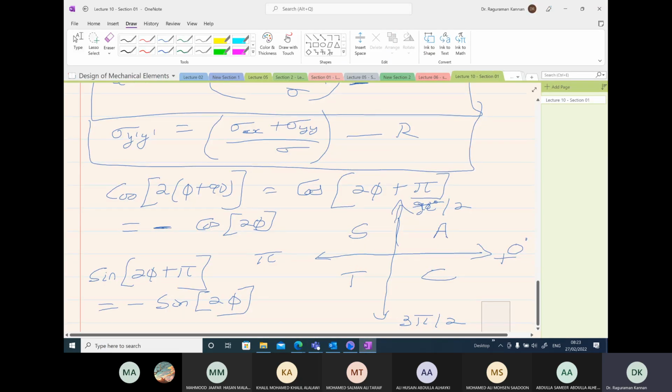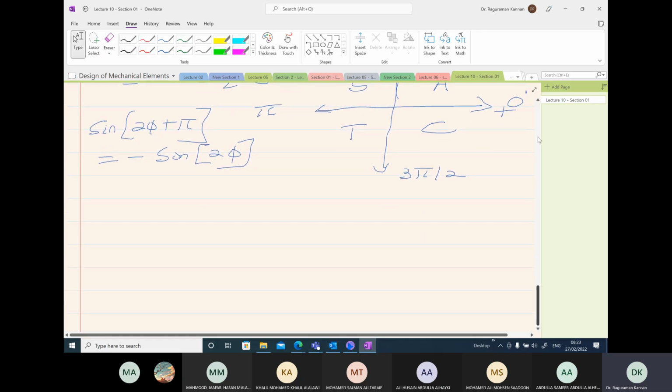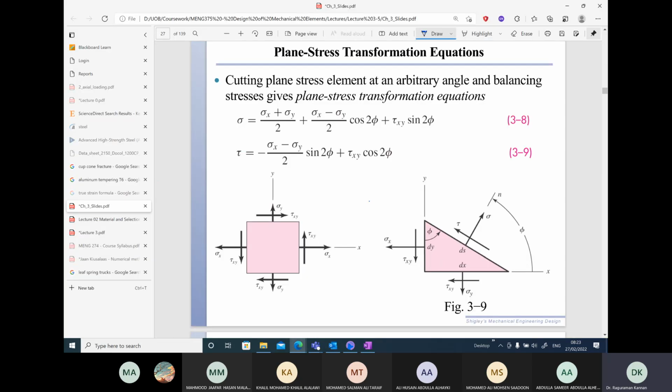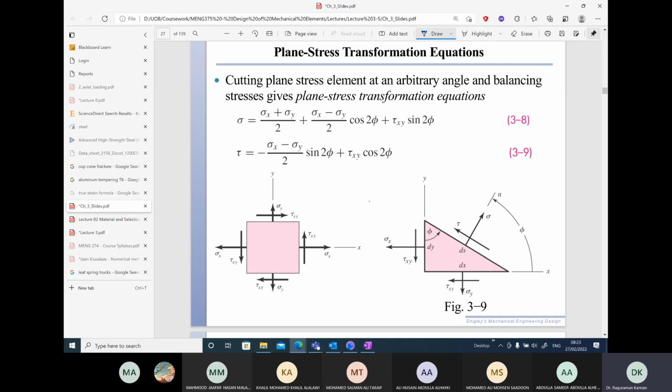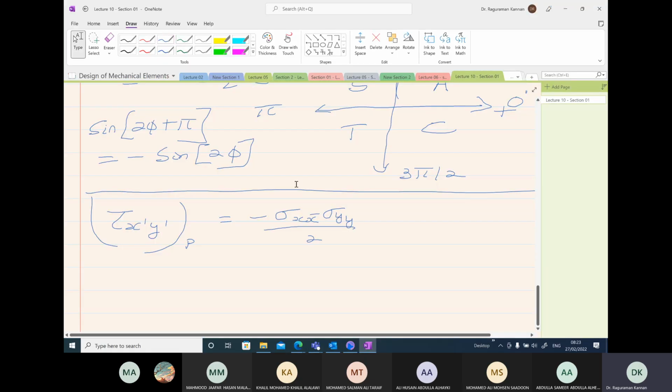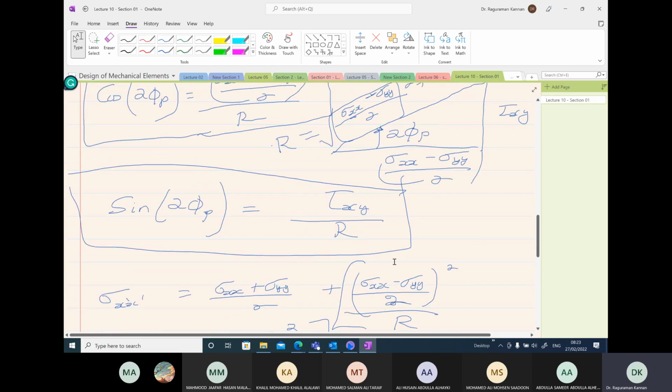First, let's see along the principal stress direction, what is the tau x prime y prime value. We can take this formula, substitute sigma yy, and then multiply by sine 2 phi. Sine 2 phi is nothing but, according to the formula we have seen, tau xy over r.